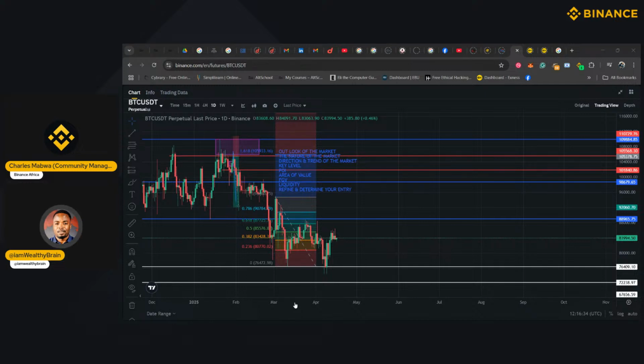Now, from the things I mentioned, we also have other things to look at, for example, geopolitical events that could affect that particular crypto you are considering.